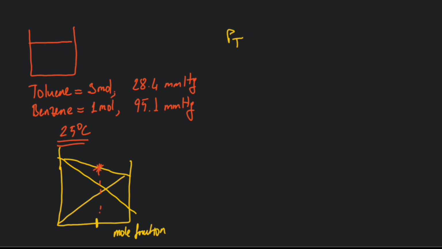Basically I will use the mole fraction of toluene times its equilibrium pressure at this temperature, which is 25 Celsius, plus the mole fraction of benzene times the pressure of benzene at its equilibrium position. We know the numbers, basically, and I have to calculate the mole fraction of toluene.